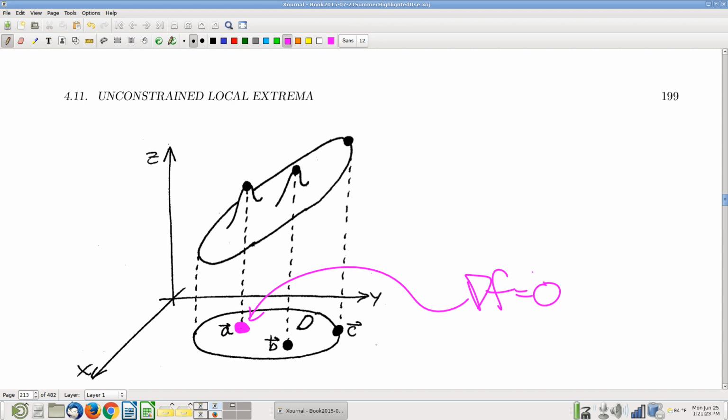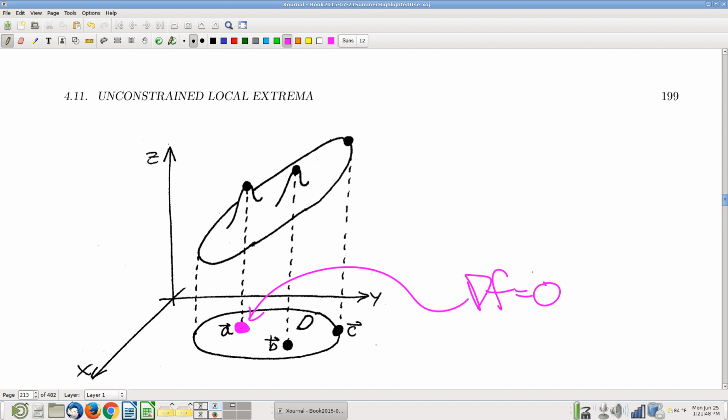How would I use the argument that I just made to eliminate this point A as a possible maximizer for my function? Well, go in the direction of the gradient. The gradient's 0. The gradient's not pointing in a direction. I don't have an argument. I cannot eliminate this as a possible maximum. As far as I know, it's the maximum I'm looking for. I can't eliminate it, right?